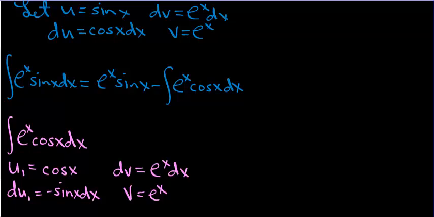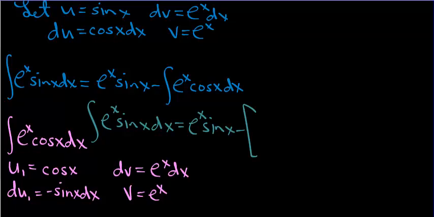So we've got the integral of e to the x sine x. I'm writing the whole thing over. It equals e to the x sine x minus, now I'm going to put in this second integral, which is uv, so e to the x cosine x, minus the integral of v, which is e to the x, du.